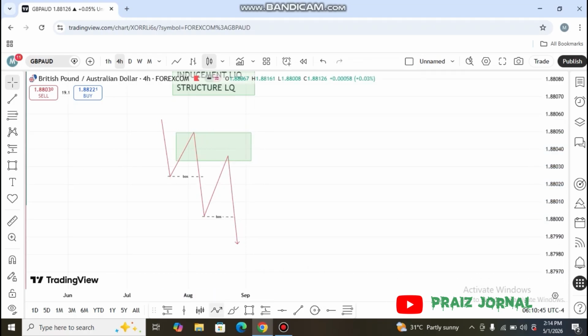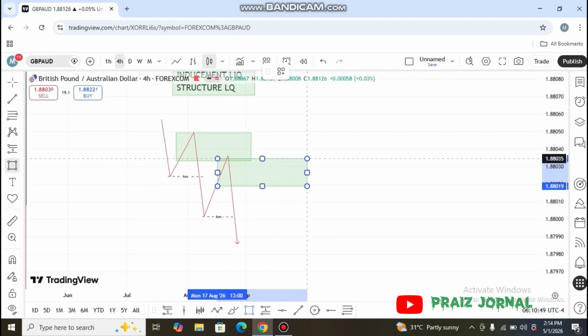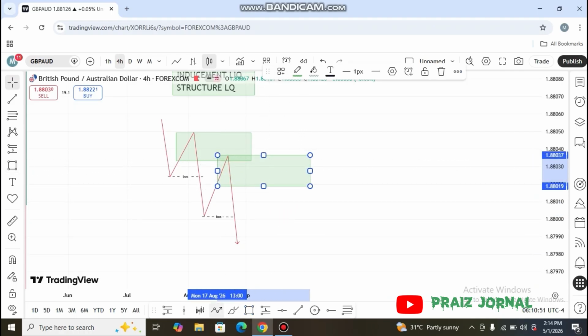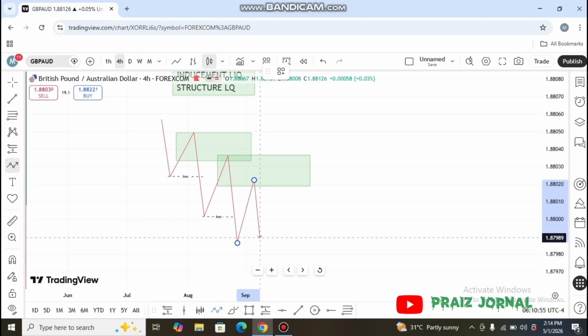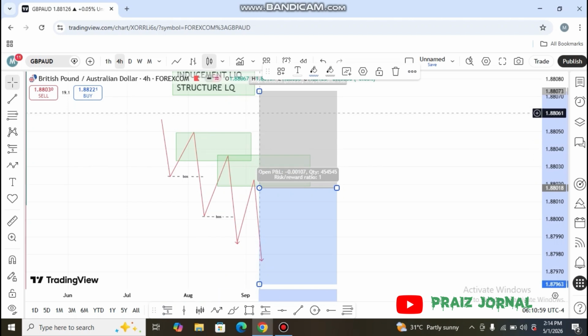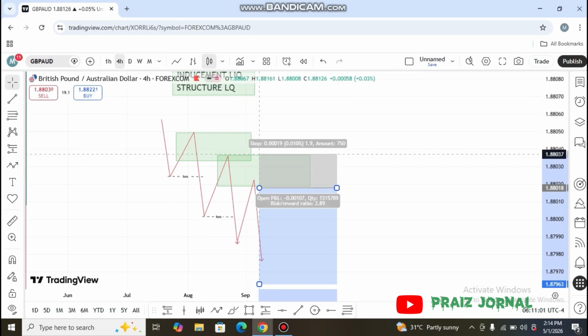They still expect the same thing to repeat itself, so they will have a supply area here, and whenever the market goes up, they will sell. Their stop loss will be here.